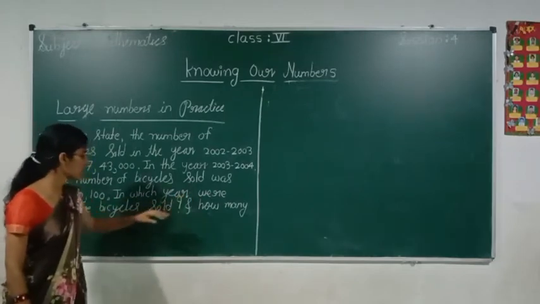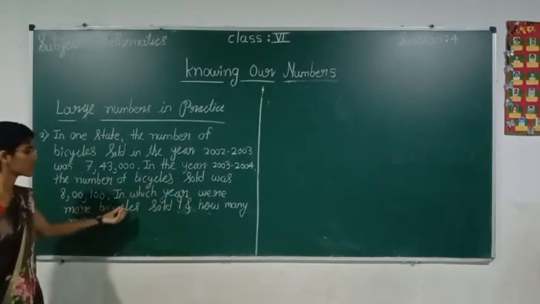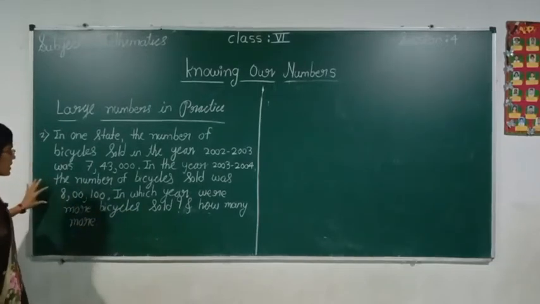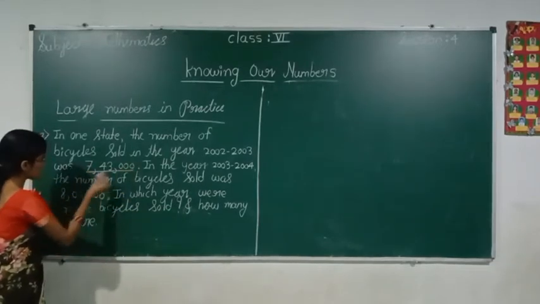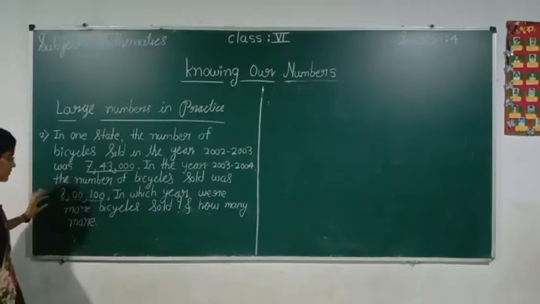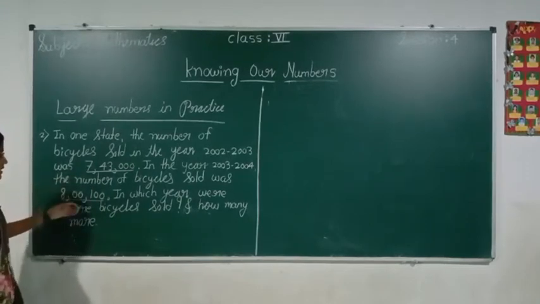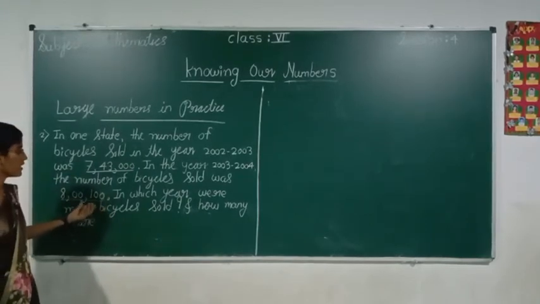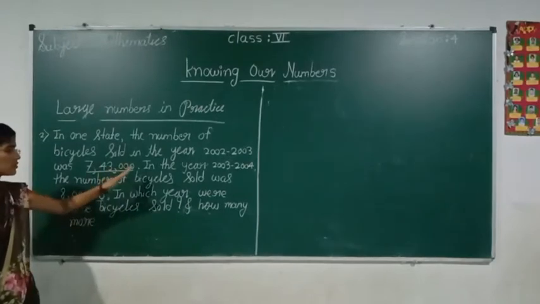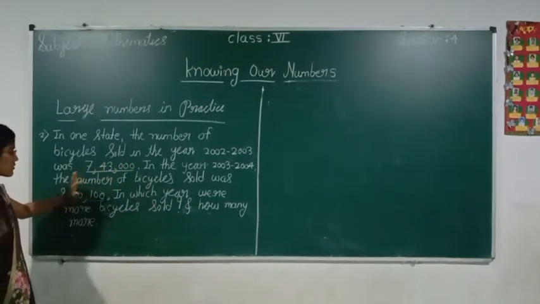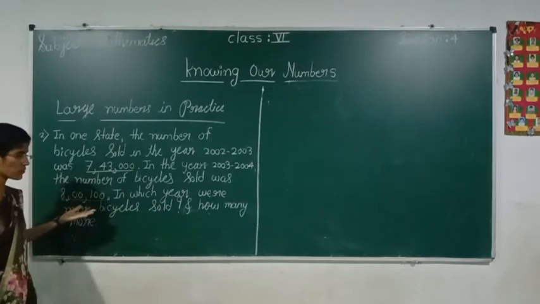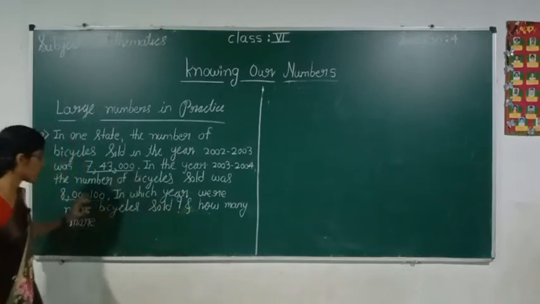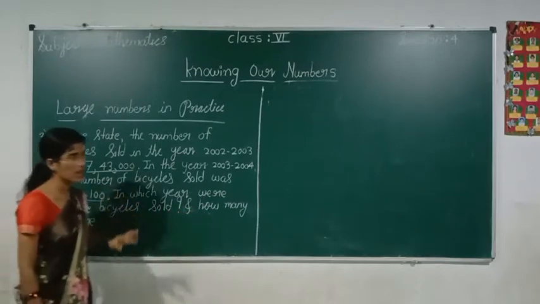In which year were more bicycles sold? Definitely, you tell me, is this number bigger or this number bigger? Definitely 8,100,000 is bigger. We can tell that in the year 2003 to 2004 more bicycles were sold. And how many more? We have to find it out.